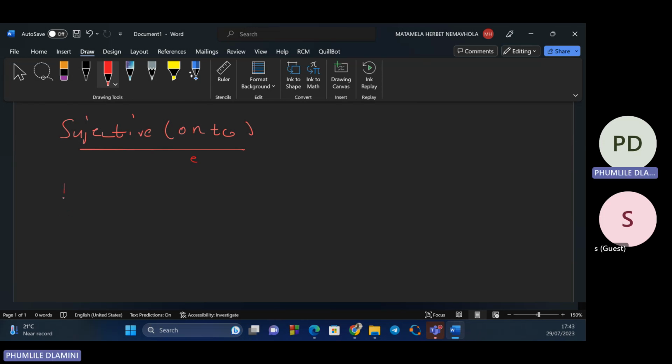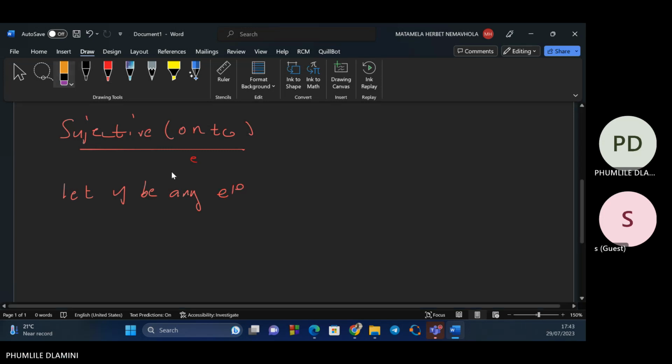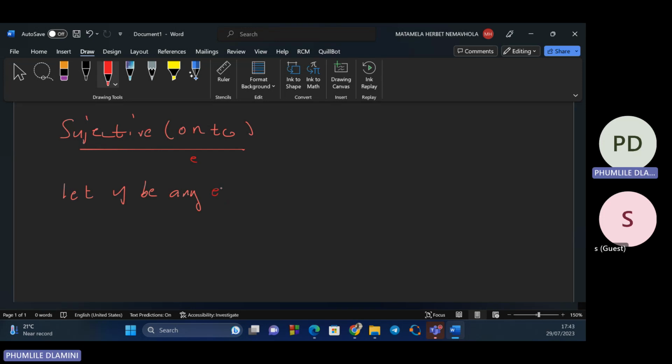So here, let y be any element in R. We need to find an x such that g of x is equal to y.